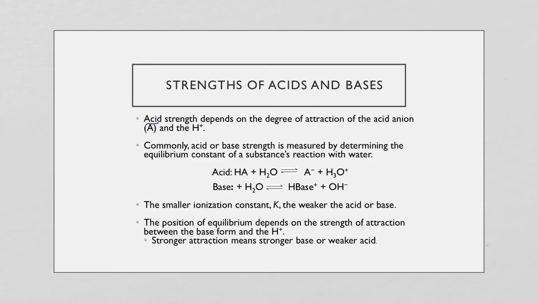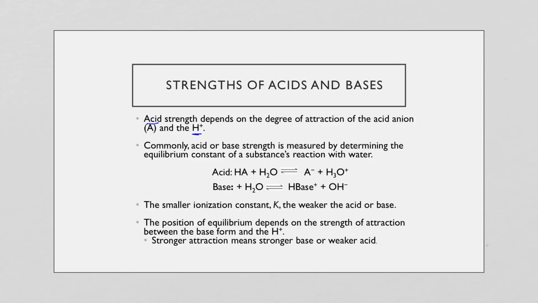So it's really looking at that hydrogen that is going to be lost. How strongly is it bonded to the rest of that acid molecule? And the stronger that attraction is, the weaker the acid is going to be.